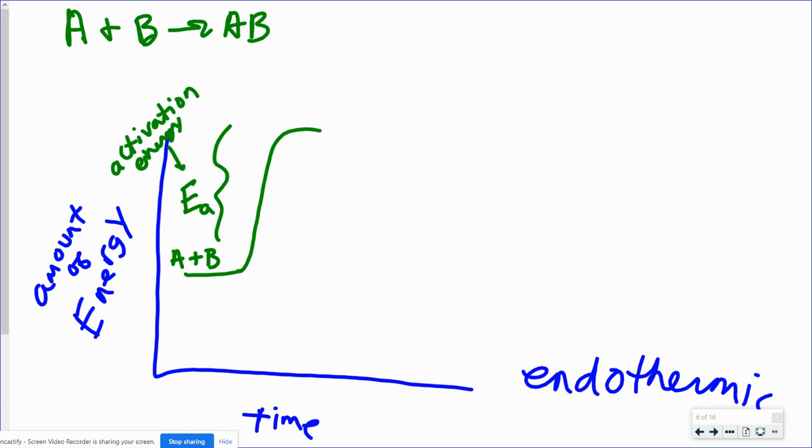So it's like if you were starting at the bottom of the hill and you had to make it over to get to wherever you were going, that's what this is. This is this barrier, this hill that they have to make it over. If they have enough energy to make it over that, they will go into what's called a transition state where they're starting to come together to make the product.